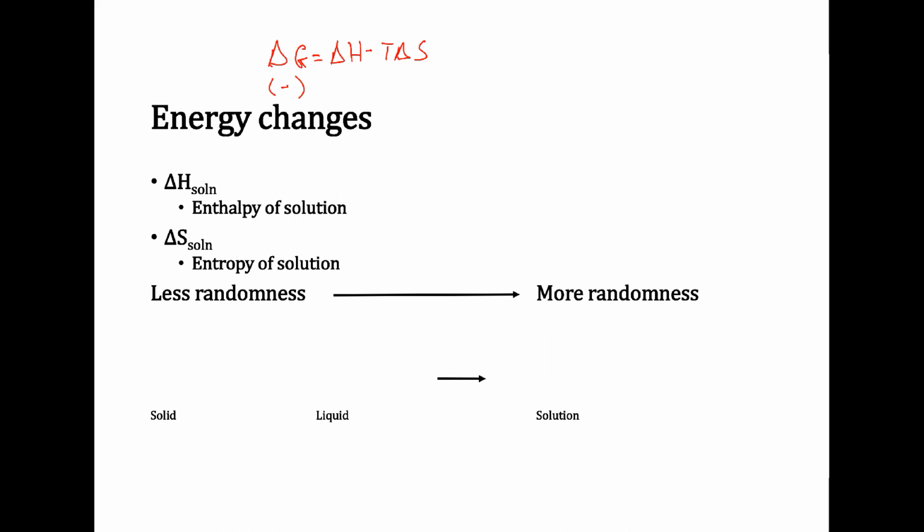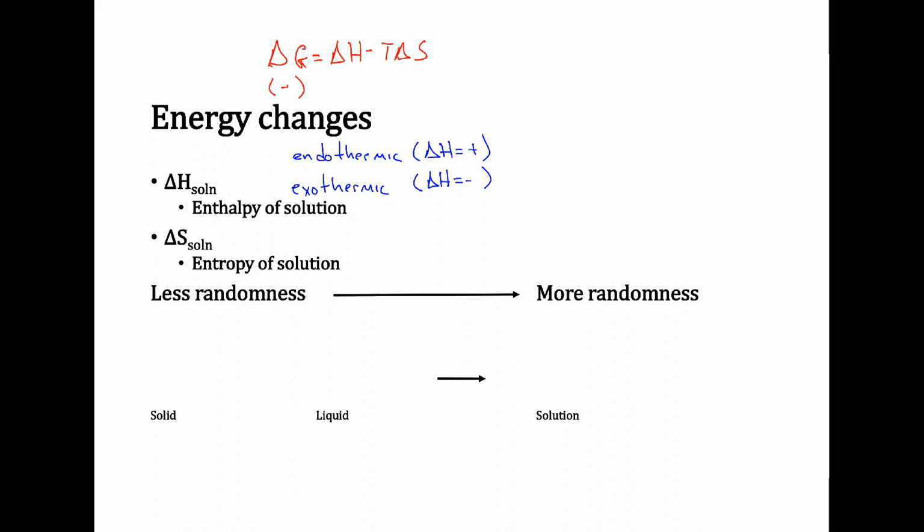For delta H, there are two possibilities. We could end up with an endothermic reaction, where delta H is positive. Or it could be an exothermic reaction, where heat is released, and this means that delta H is negative.